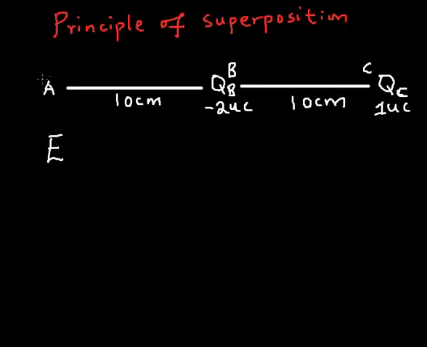Now if you want to find the electric field intensity, the electric field intensity here is not just going to be due to the charge QB at point B. It's also going to be due to the charge at C, because the charge at C is going to have an electric field around A, and the charge at B will still have an electric field around A. So the total electric field at A, EA, is going to be equal to the electric field at A due to the charge at B. I'll call it AEB.